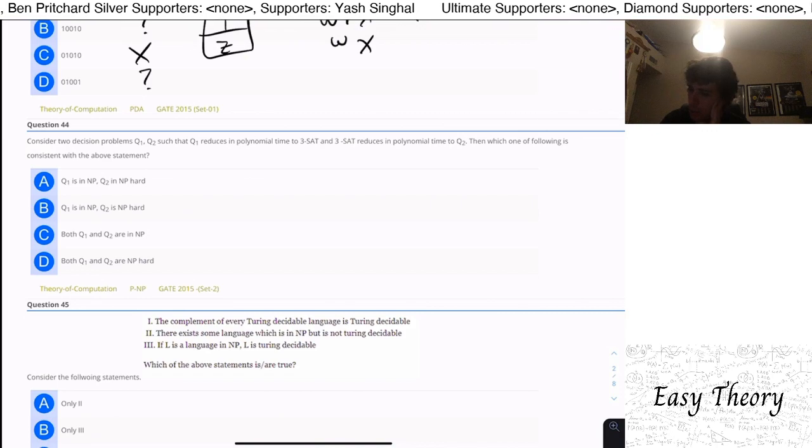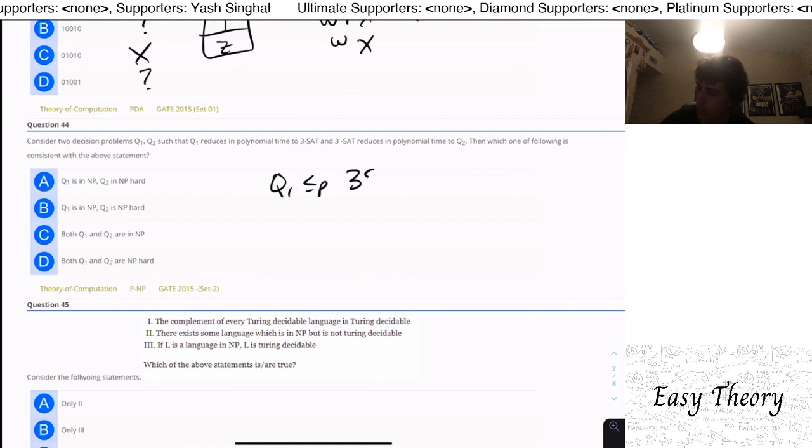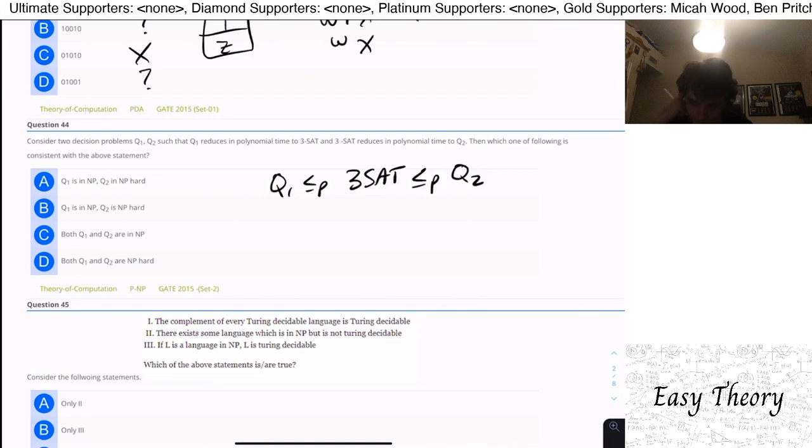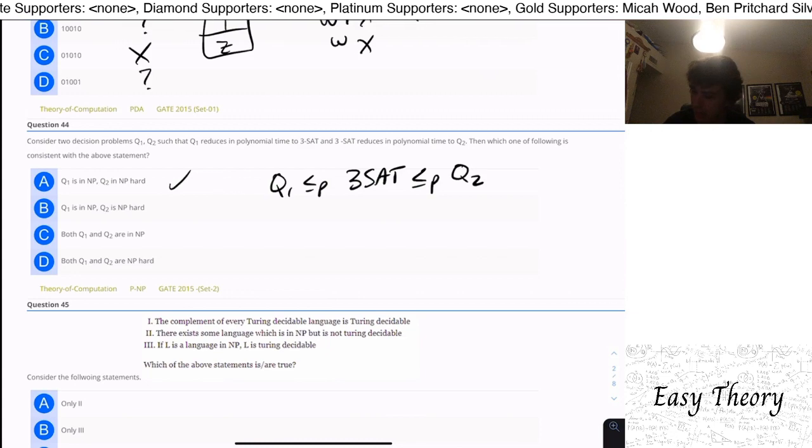Consider two decision problems such that Q1 reduces in polynomial time to 3 SAT, and 3 SAT reduces in polynomial time to Q2. Q1 is in NP, yep. And Q2 is NP-hard, that is definitely true.